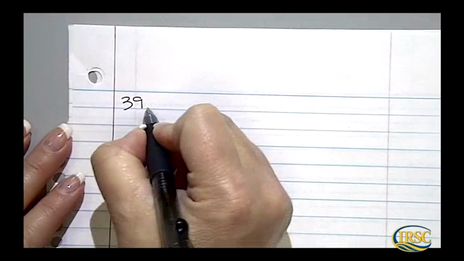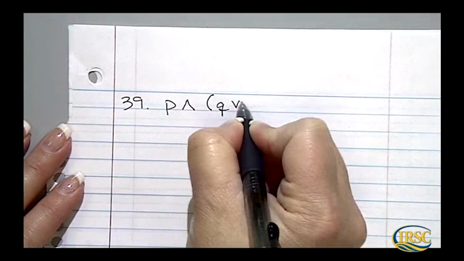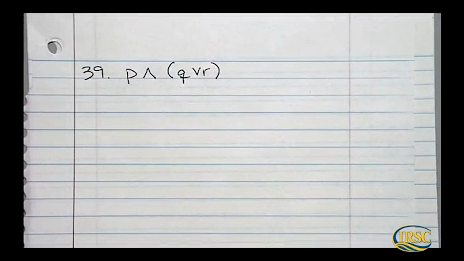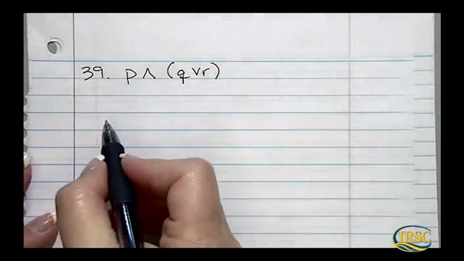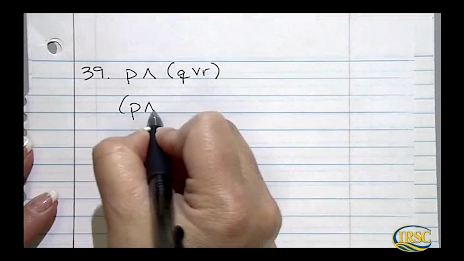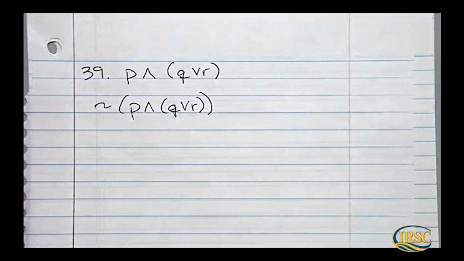Okay, number 39. Okay, so again, they want you to write the negation of this. So the initial way you can look at it is saying, take the whole thing and put it in parentheses and put a negation in front of it.